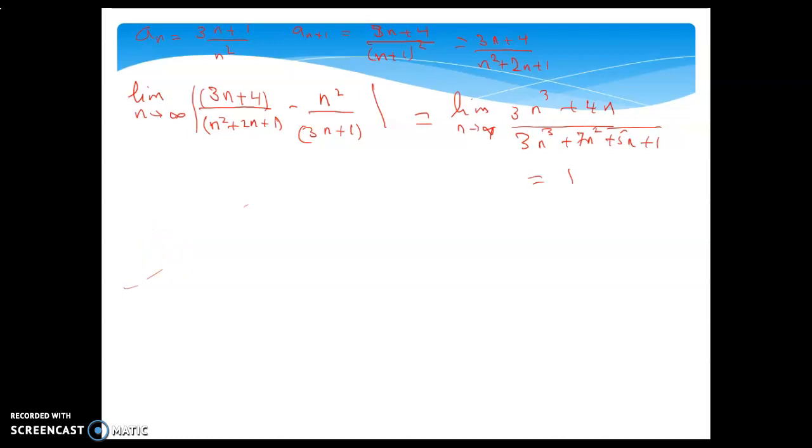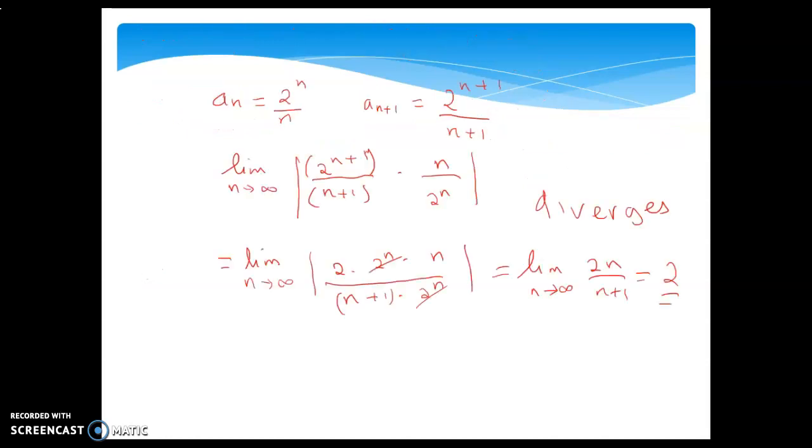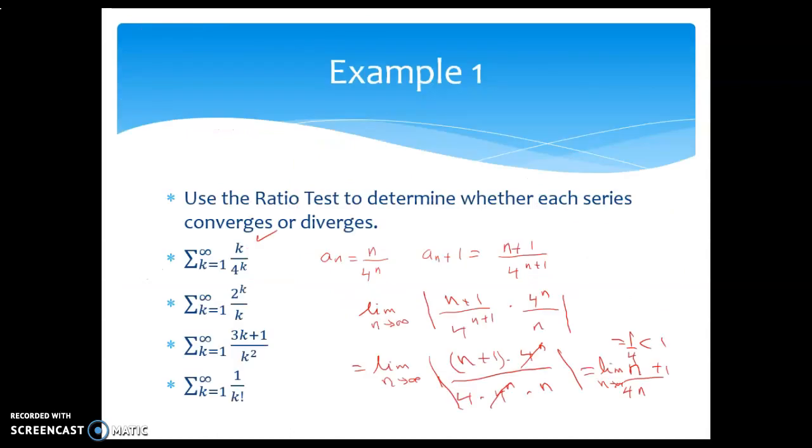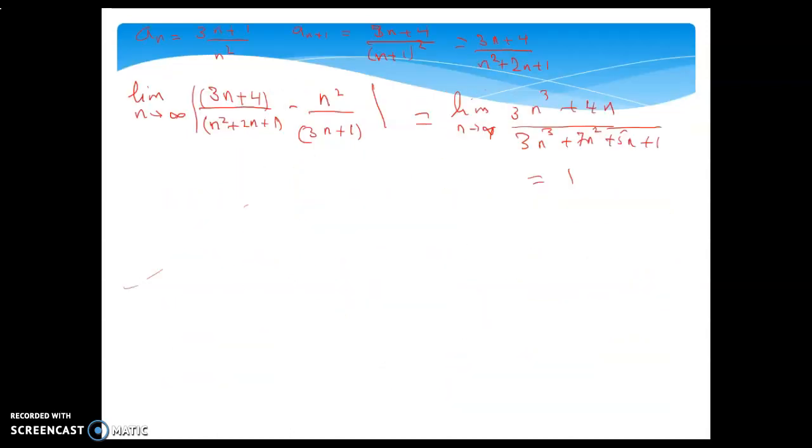We want to find the limit of the series of 1 over k factorial.